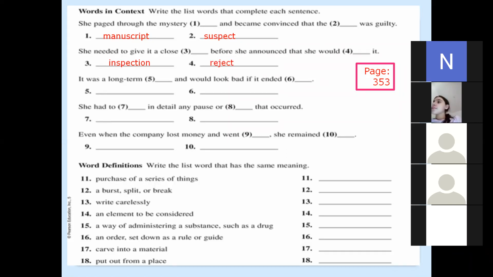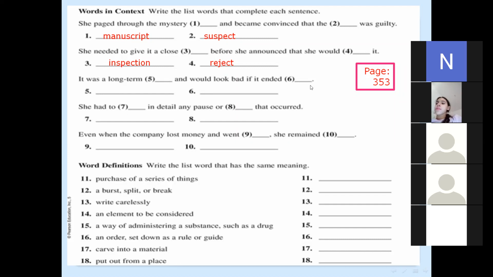Number 5 and 6. It was a long term, and would look bad if it ended. What is number 6? Abruptly. Yes. Now try to guess number 5. It was a long term and would interruption.